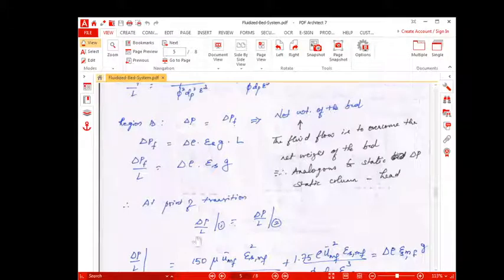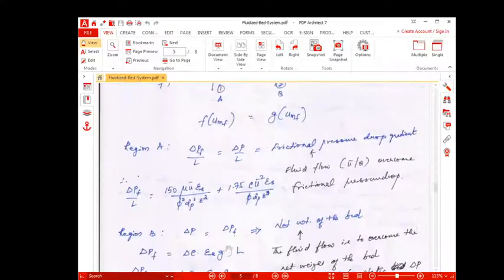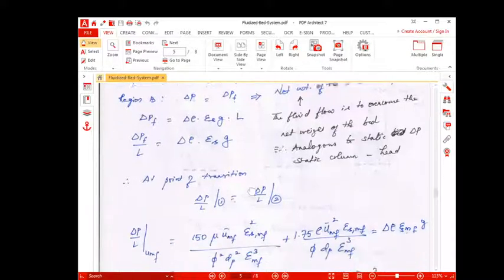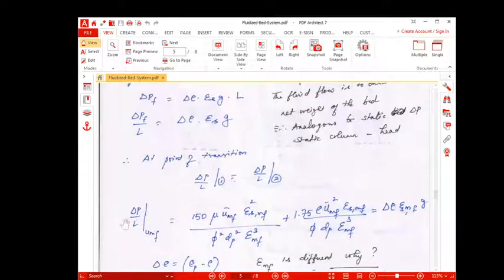We have divided by L because in both equations you have L, and L is going to remain the same at this point. So the same value of L is taken for region A and region B at the point of intersection. So the pressure drop gradient at the transition point, given by the Ergun equation, should also be equivalent to the net weight of the bed.